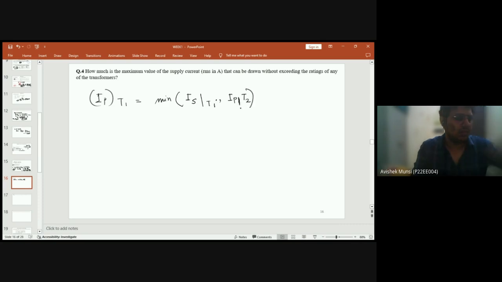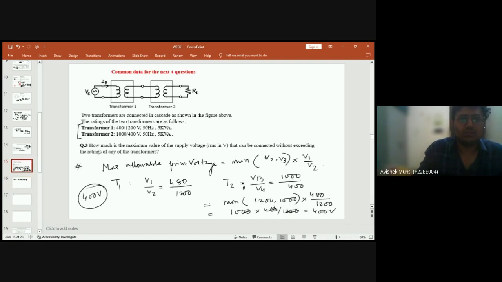Take the minimum of these two, and then multiply it by the turns ratio, that is V2 by V1. For that we have to calculate the secondary current of transformer 1 and the primary current of transformer 2. For which we need to know the kVA rating is 5 kVA and the voltage is 480, right?